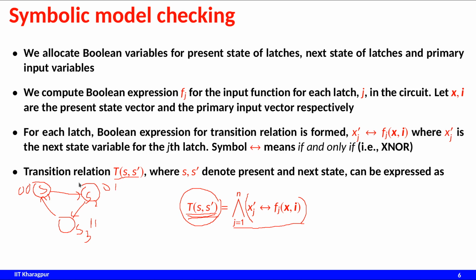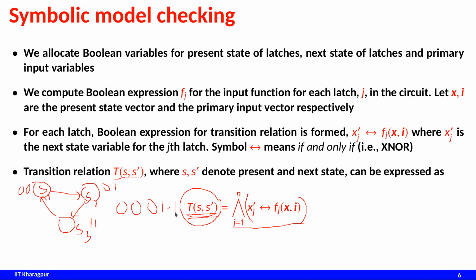Now to represent this relation, when I have a present state of 0 0 and the next state is 0 1, then I have a connection.